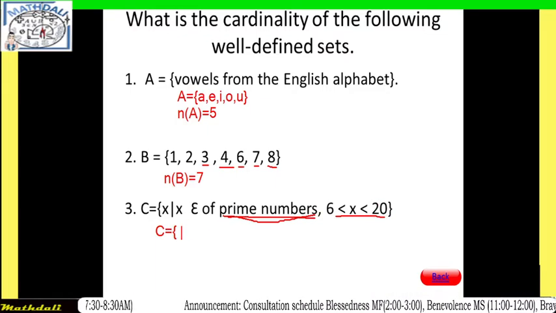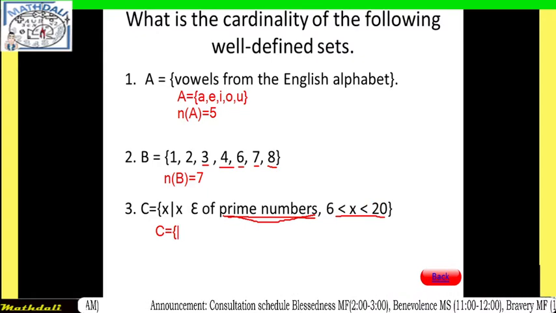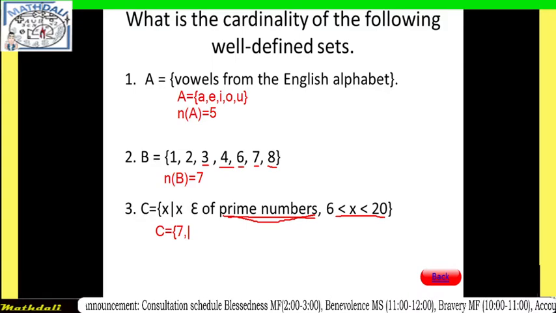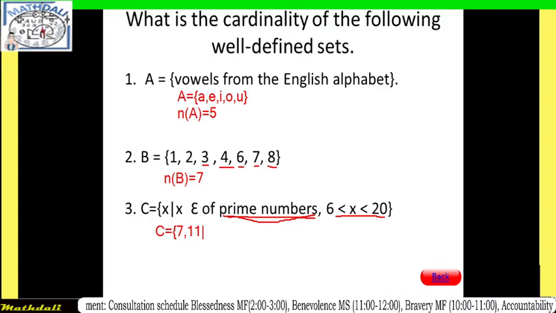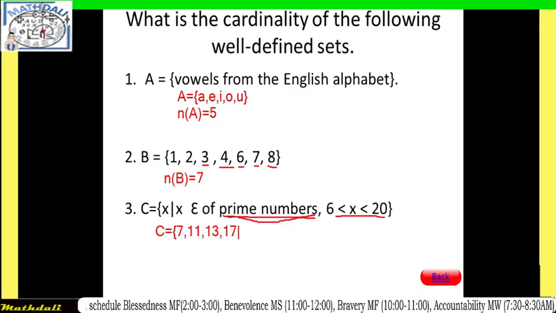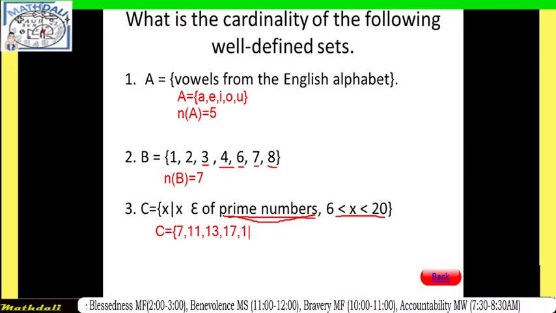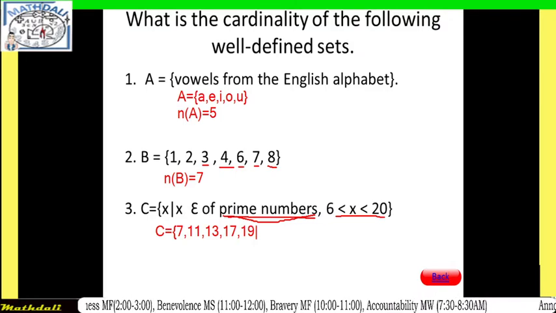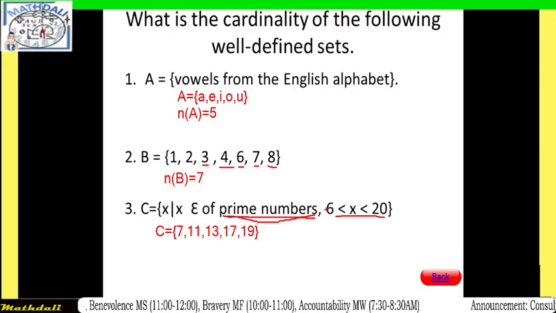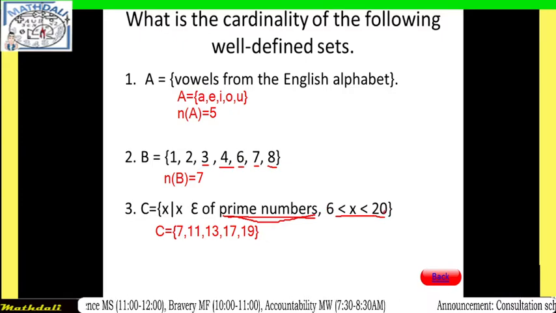So we have 7. We also have 11. Then we have 13. We also have 17. Then we also have 19. So, yan yung mga prime number in between 6 and 20.